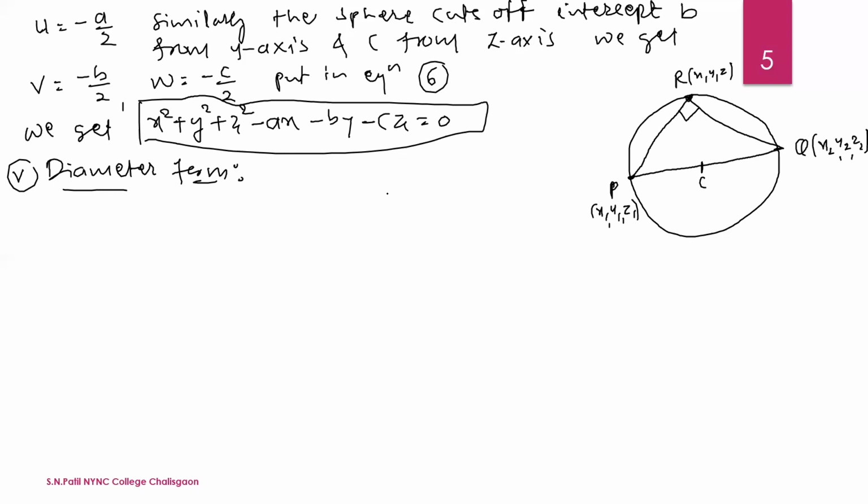Now from the figure, let P (x1, y1, z1) and Q (x2, y2, z2) be the ends of a diameter.